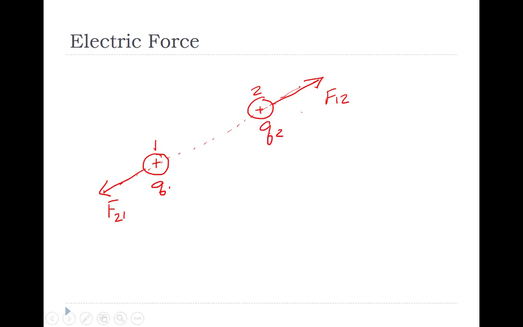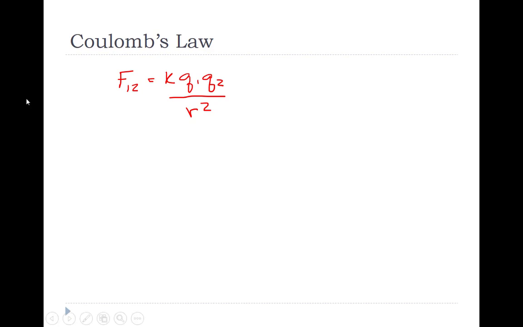R, you're thinking radius, which is not bad, but in this case R is more general: it's the distance between the two charges. K has a value of 9 times 10 to the 9th newton meters squared per coulomb squared.